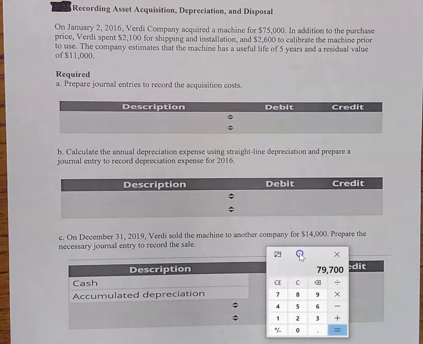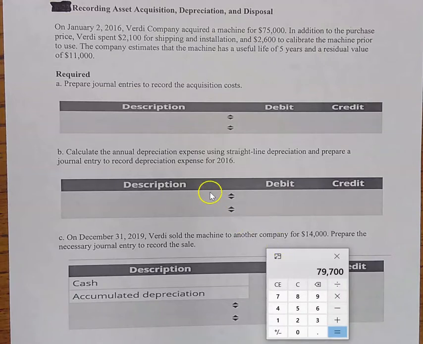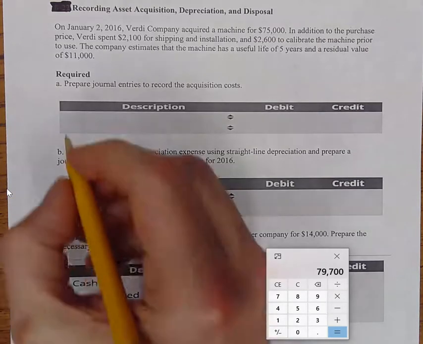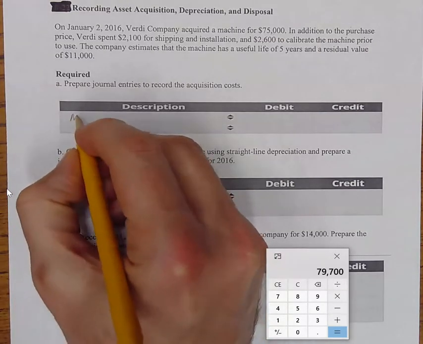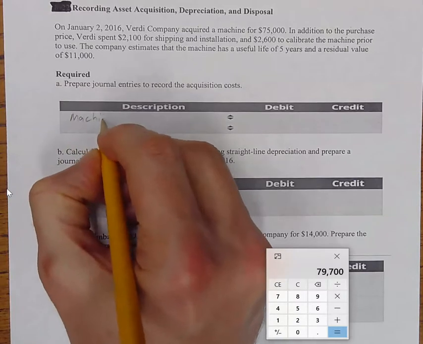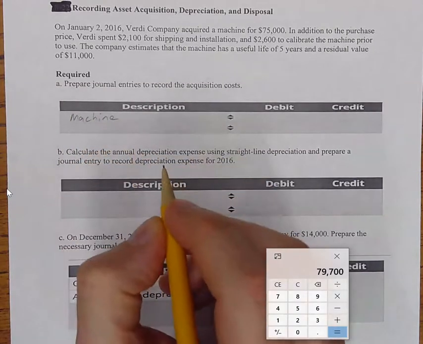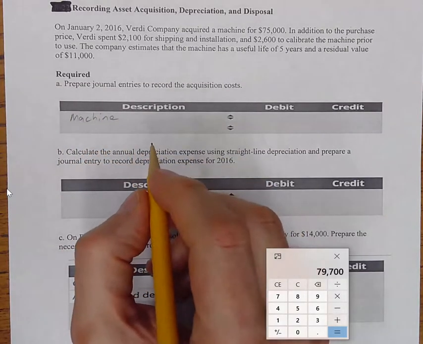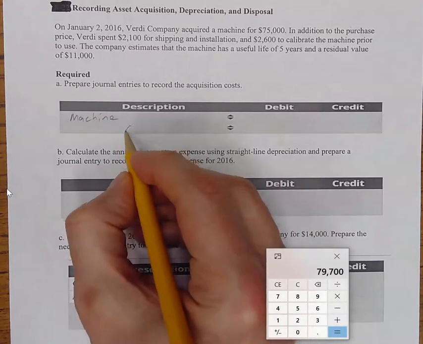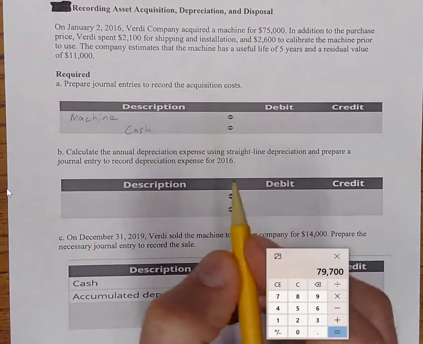Move this down a little bit. Okay, so let's see here now. There's no indication that we did not pay cash for this asset. So what we would do is we would merely have a debit to machine and a credit to cash.